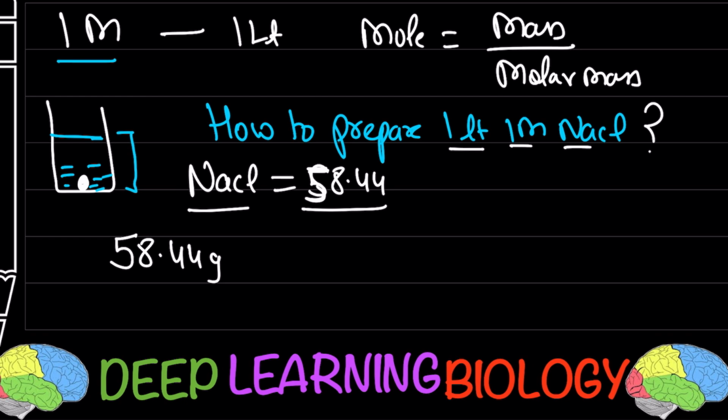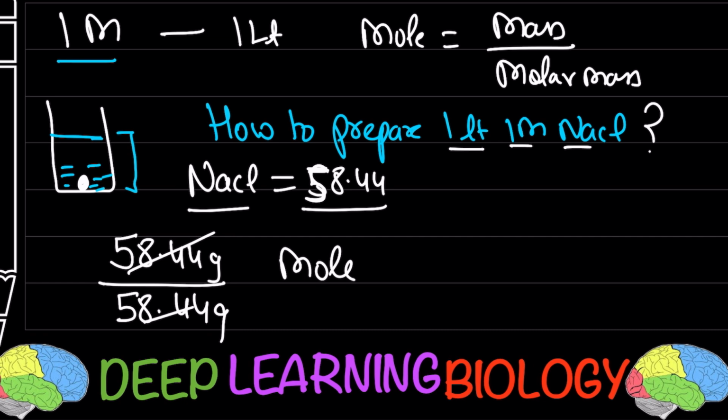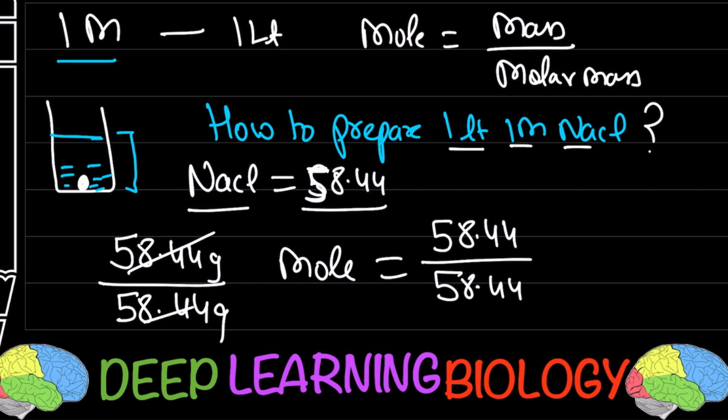Very simple. Mole is equal to mass, let's suppose you weighed 58.44 gram, divided by molar mass, 58.44. This is going to prepare 1 molar.